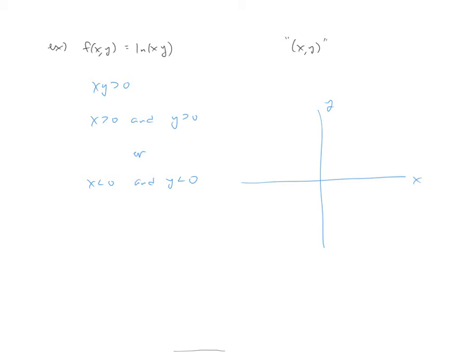So let me go ahead and graph that in. And when x is less than 0, y is less than 0, that would be this quadrant here. So I'll sketch that in. So far what we're saying is that all ordered pairs in this quadrant and this quadrant, all x, y ordered pairs, if you plug them in here, you'll get a z value coming out.